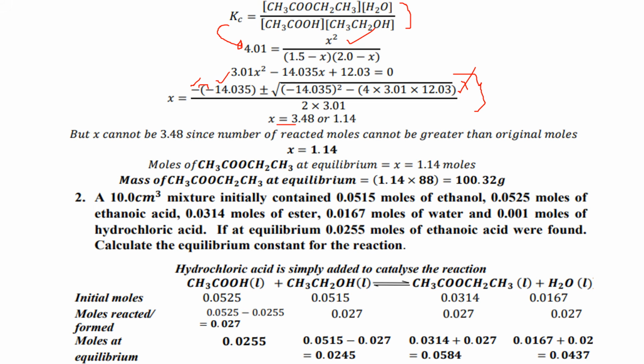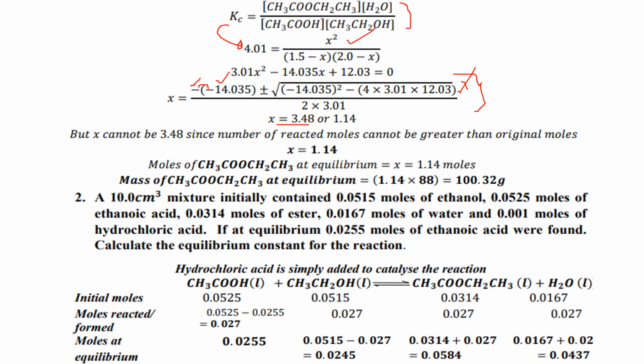So either x is going to be 3.48 or 1.14. But x cannot be 3.48. Why? Since the number of reacted moles cannot be greater than the original number of moles. So you have to use logic. You're always going to get two values, but one value is going to be incorrect, because x, the number of moles that reacted, can't be greater than the initial moles.